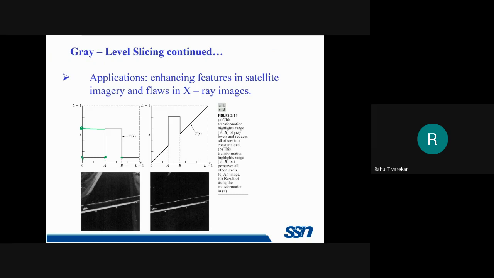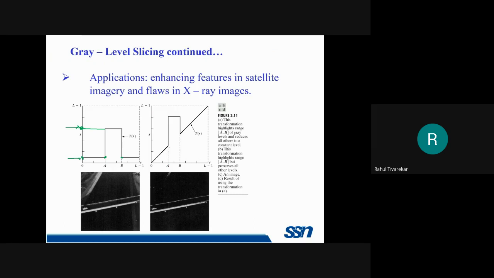So basically we will have an output image having either this intensity value or this intensity value. So only two intensity values you can have.